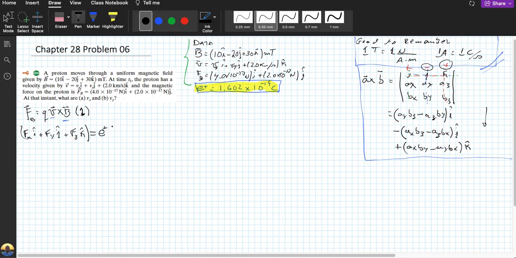And now what I can do, to be honest, is just write down my matrix here. So i component, j component, and k component here, right? And I can write down my Vx, my Vy, my Vz, and here my Bx, By, and Bz.